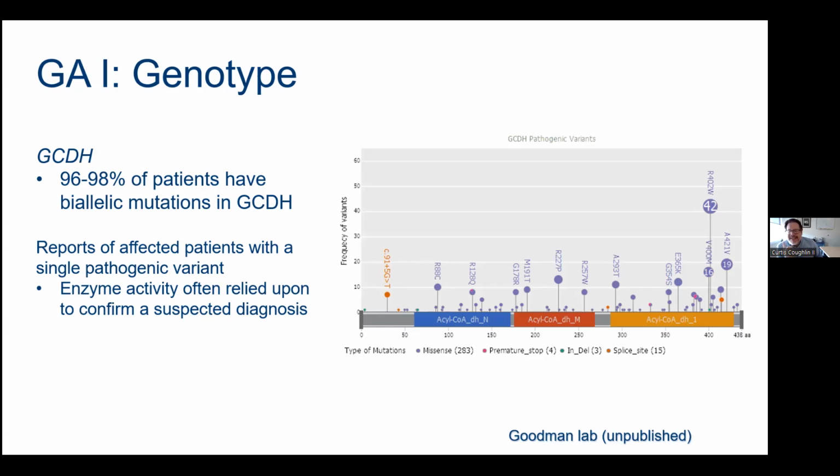That still means that sometimes there are patients that just have a single pathogenic variant in GCDH, and that makes it really, really hard to determine whether or not this patient really has GA1, especially if it's someone who's picked up on newborn screening. I think it's a little different when you have a patient with sort of classic striatal disease. And in those patients, we often are relying on enzyme activity, which can be done in quite a few labs around the world.